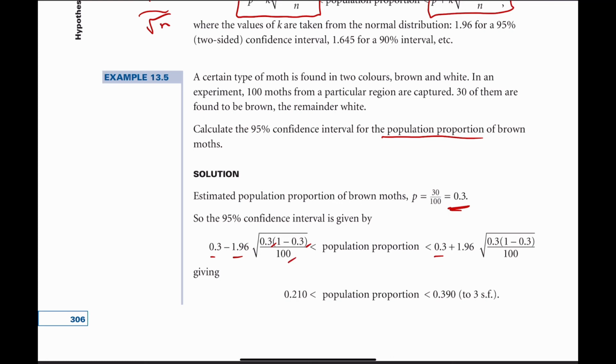That's it. You just need to be able to use that formula. Type it into your calculator and it gives you the answer.